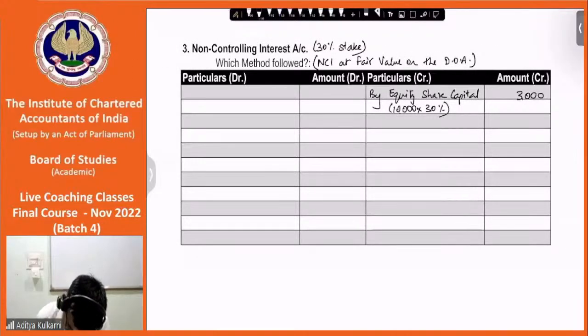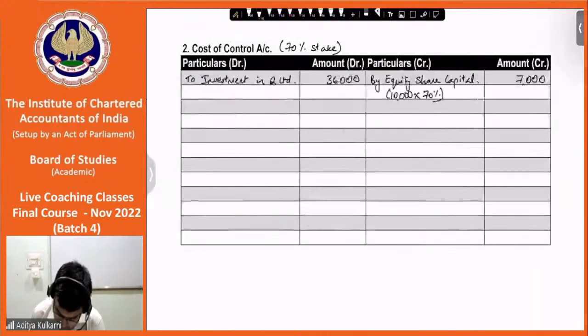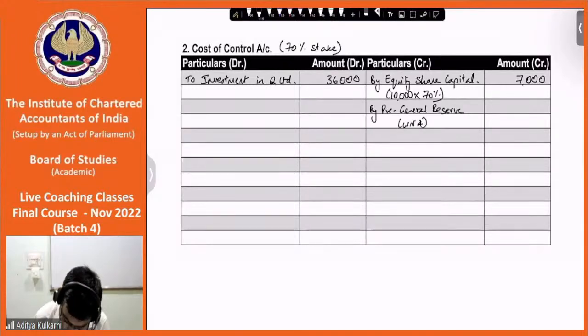So coming to NCI, by pre general reserve from working note 4, 9,000. And in COC account, by pre general reserve, working note 4, 21,000.